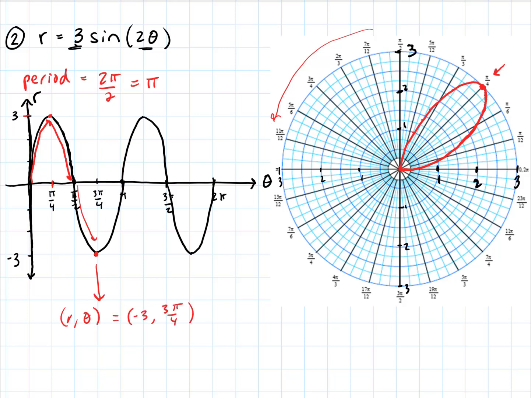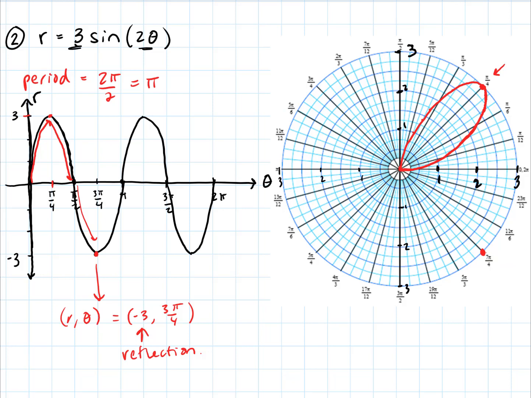But a negative radius is a reflection. So at 3 pi over 4, we're actually going to be right here, at this point. All of the points that would normally be in this quadrant are going to be reflected and plotted over here because they all have negative radiuses.